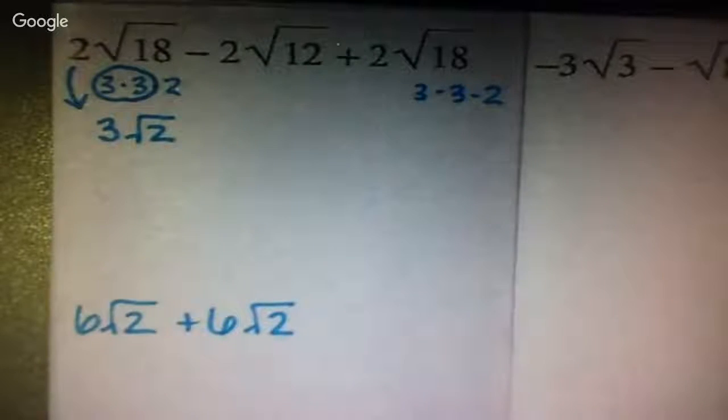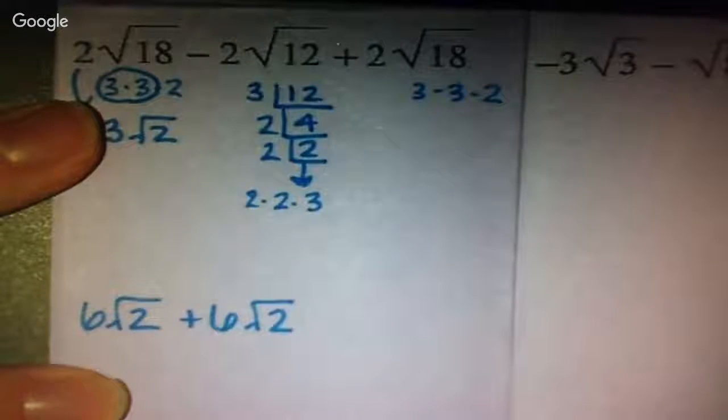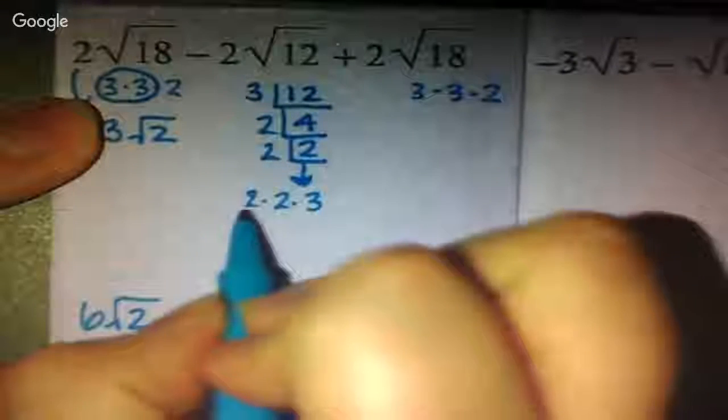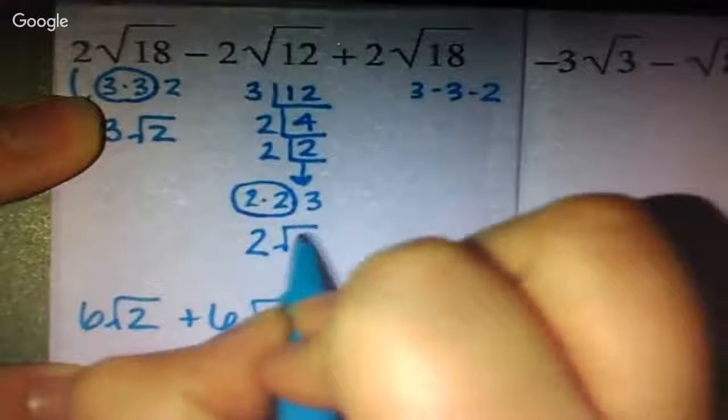All right. We need to break down 12. We haven't done that yet. 3 and 4. 2 and 2. 2 and 1. So 2 times 2 times 3. So when I group in 2's, we get 2 square roots of 3.